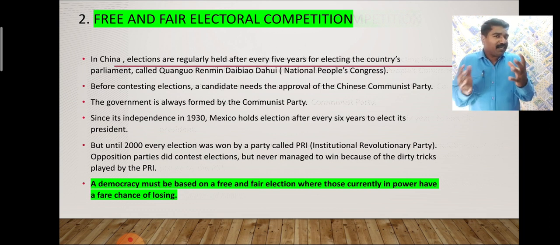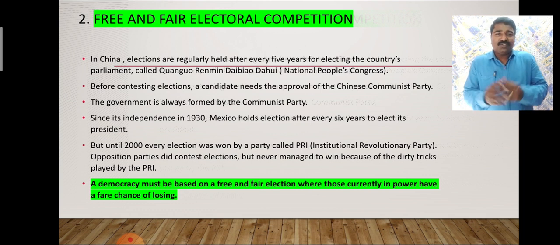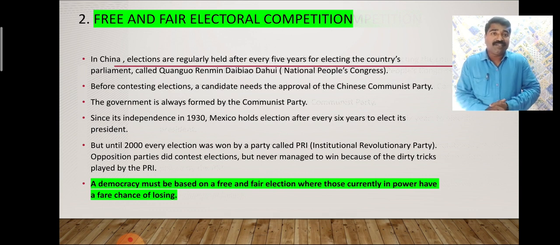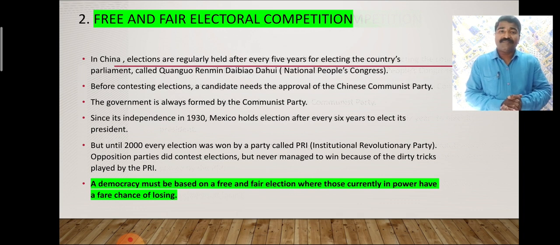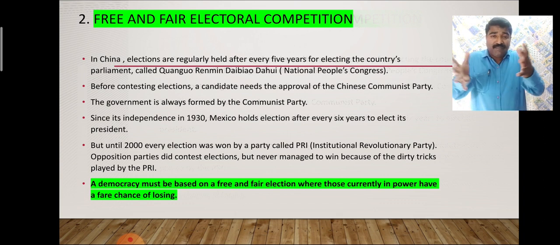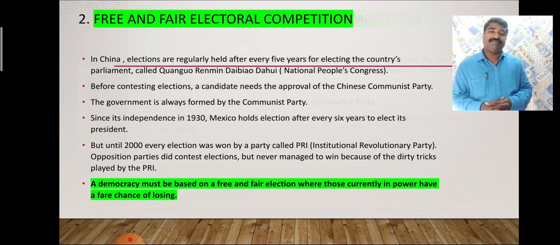What is the name of the Chinese parliament? It is the National People's Congress, in Chinese the Quanguo Renmin Daibiao Dahui. The National People's Congress consists of 3,000 members elected from different places of the country.